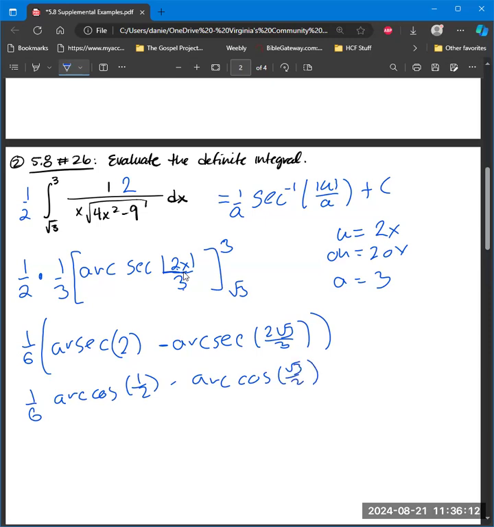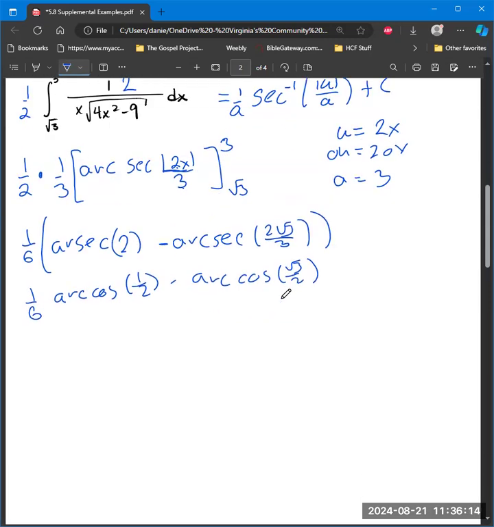I just think better in cosines than I do in secants, so I take the reciprocal. Cosine of pi over 3 is 1/2, and cosine of pi over 6 is root 3 over 2. So this is 1/6 of pi over 3 minus pi over 6, which is pi over 6. And so that's pi over 36 for our answer.